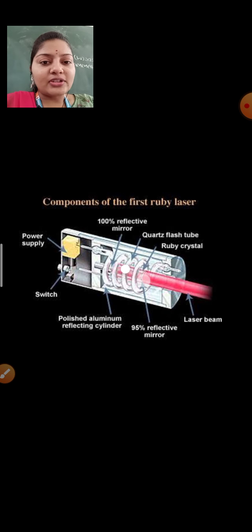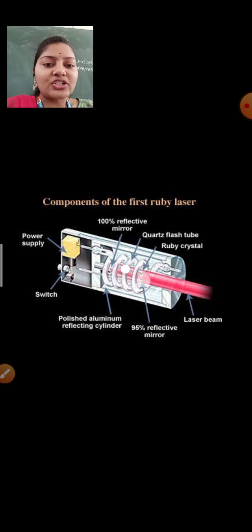One side is a 100% reflective mirror, and the other side is a 95% reflective mirror, a partially reflecting mirror, to get the final output wavelength. Using the ruby rod we get the final output wavelength of 6943 angstroms. Very, very important. This is the first solid state laser, given by Maiman in the year 1960.